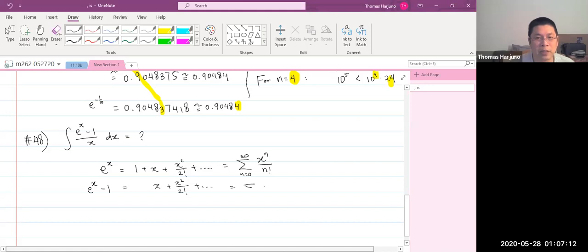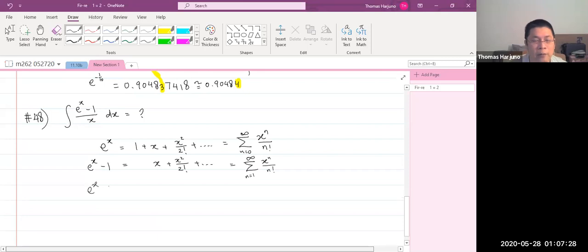So it will be just the same series, but I start from 1. Is it okay? Now, how about if I divide by x? So the x to the 1 becomes 1, x squared becomes x. Basically, this is the series from 1 to infinity of x to the n minus 1 over n factorial.